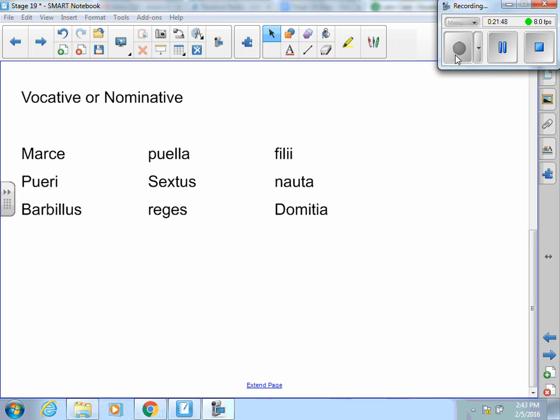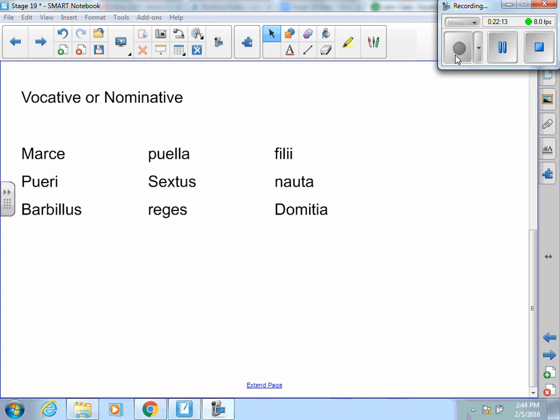So the ones that are tricky are going to be the ones that end in us and the ones that end in e. You have to remember the words that we've seen end in e, like sextus becomes sextae, Marcus becomes Marce, Servus became Serve. Those are the ones that are a little bit tricky. And I know it's tough, and there's no method to the madness. They change from us to e sometimes because it's Latin.